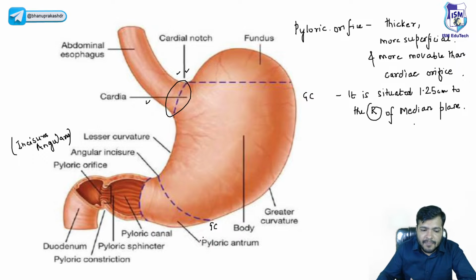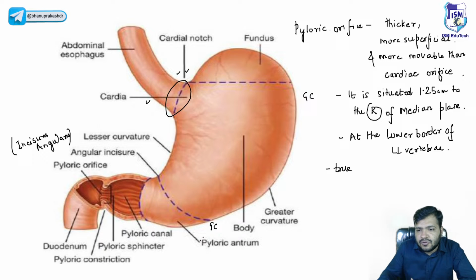Apart from that, it is situated at or just opposite to the lower border of the L1 vertebra, and it is an area of true anatomical sphincter.